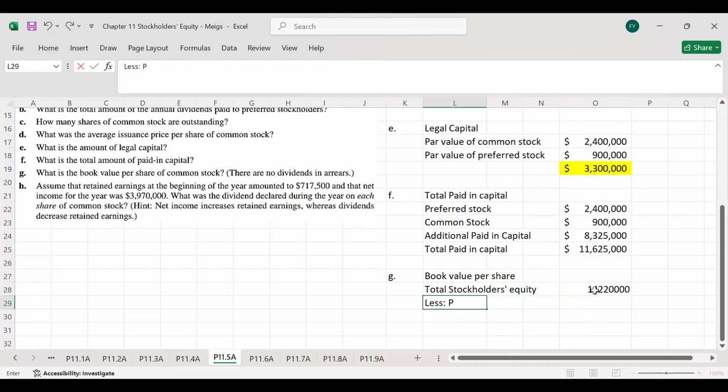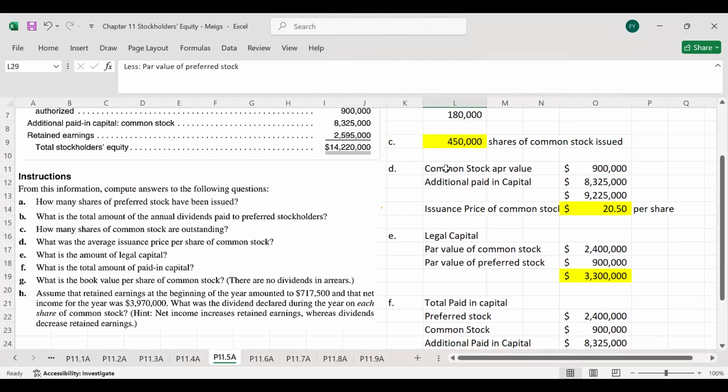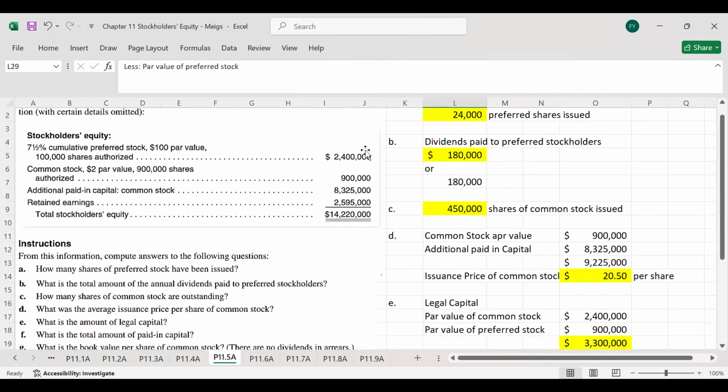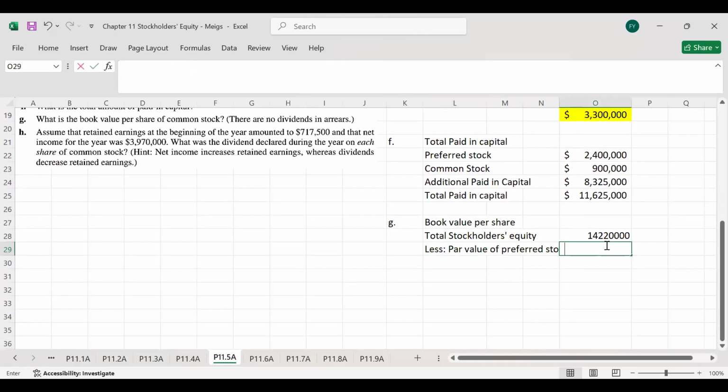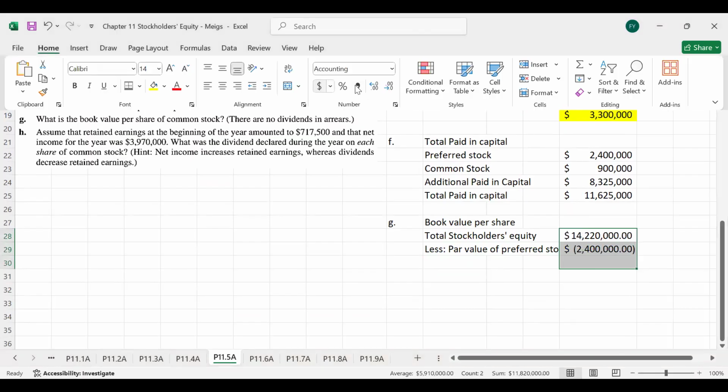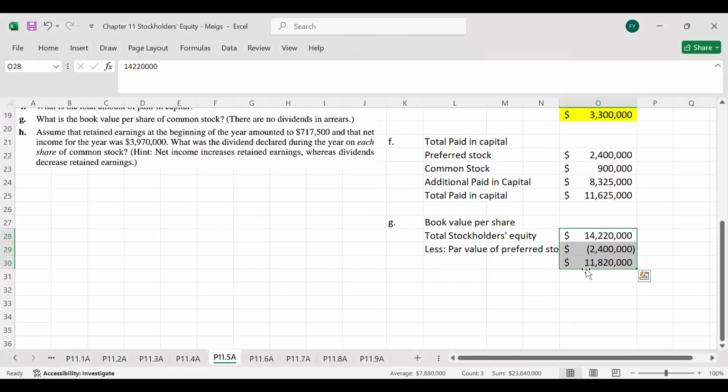So less par value of preferred stock, which is, you can see, 2.4 million or $2,400,000. So we will deduct this amount, $2,400,000. This is the amount which is exclusively related to the common stockholders' equity.